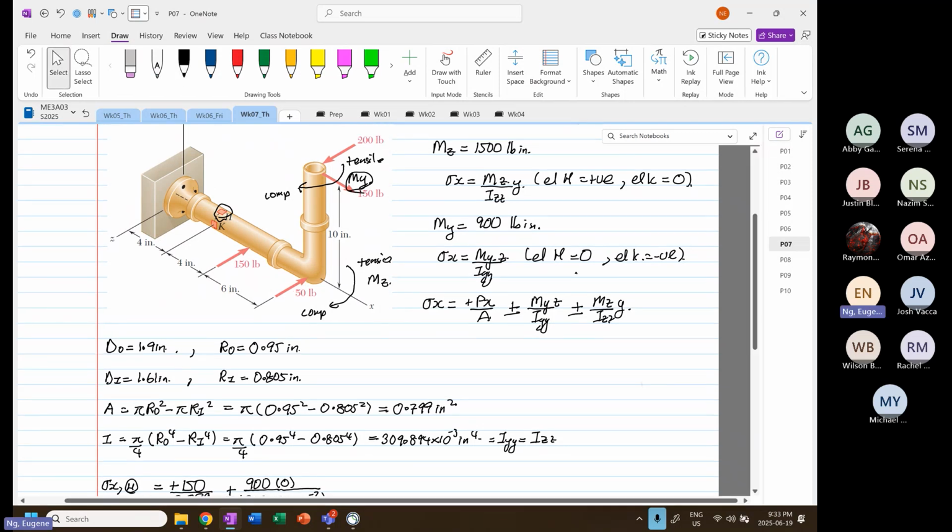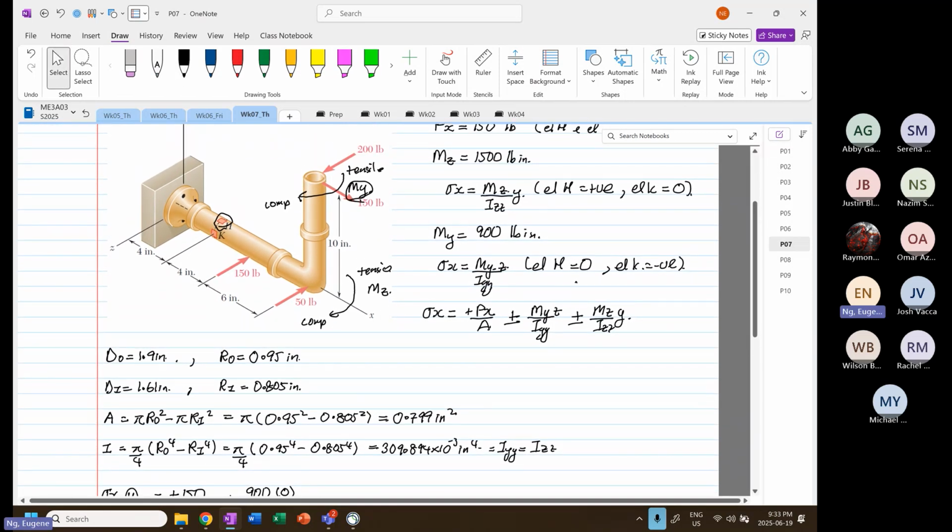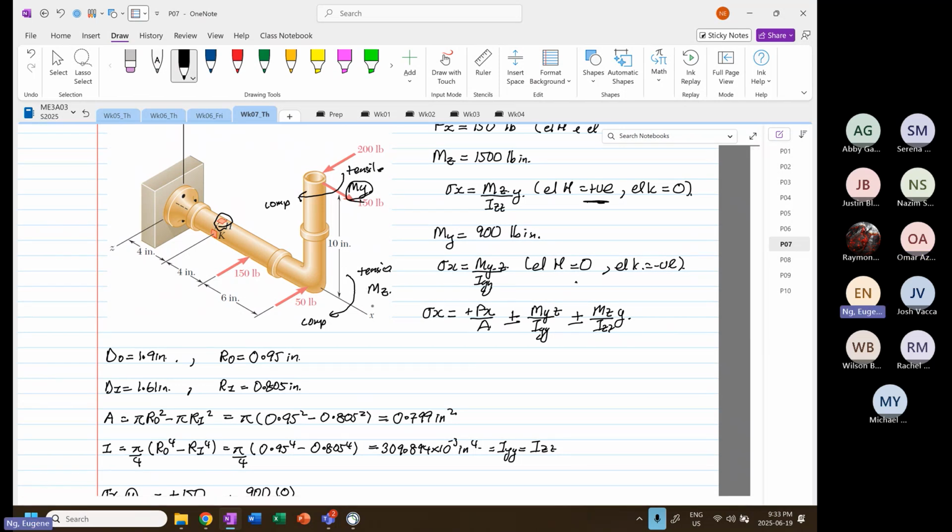Okay. And the last one on element H, due to mz, is going to be positive. So mz, moment about z, right? So moment about z, this is top and that is the bottom, so element H is at the top.